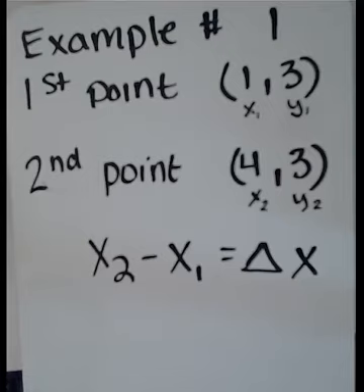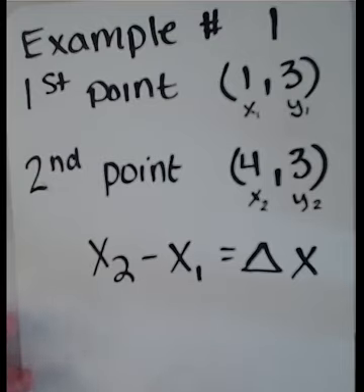To find the change in x, change is being represented by a triangle here, or a delta. To find the change in x, we need to subtract the first x value from the second x value. So we set that up by saying x2 for the second x value minus x1 from the first x value.